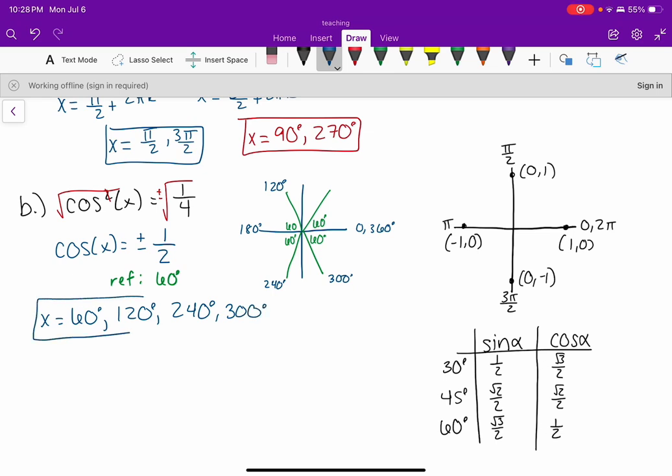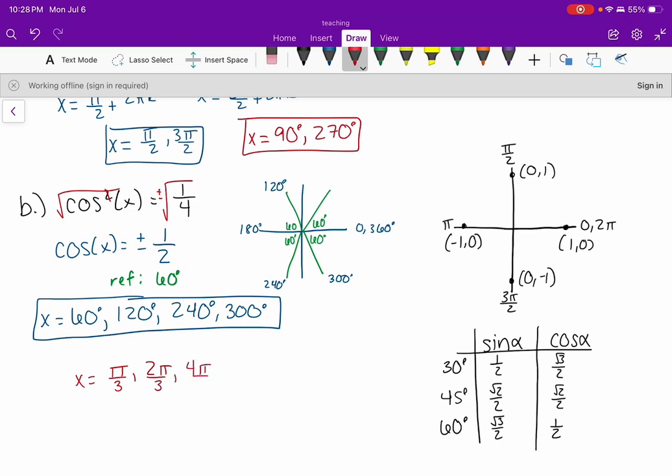So these are all my answers. If you had to leave it in radians, it would be pi over 3. Let's write that a little nicer. Pi over 3, 2 pi over 3, 4 pi over 3, and 5 pi over 3 would be your answers in radians.